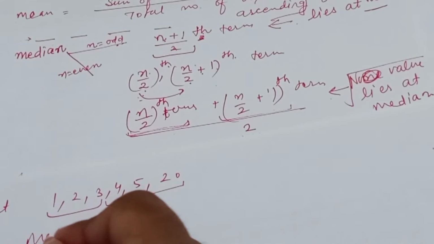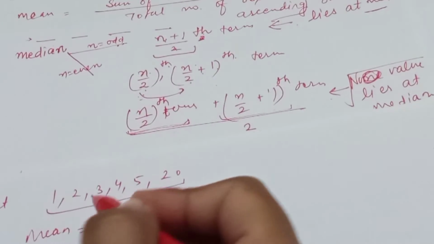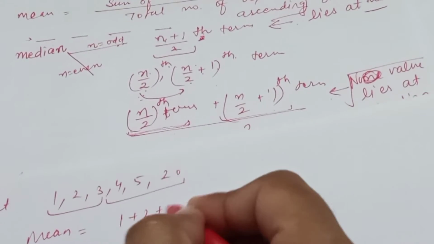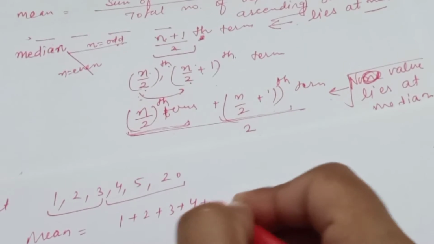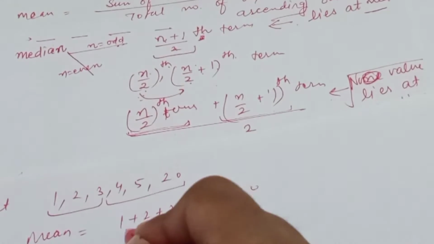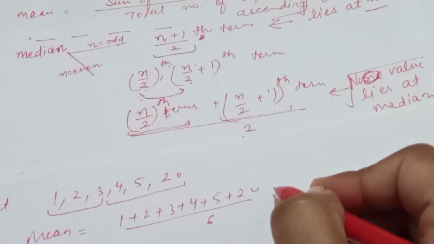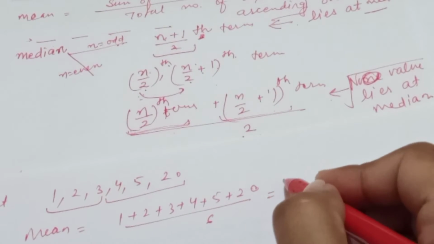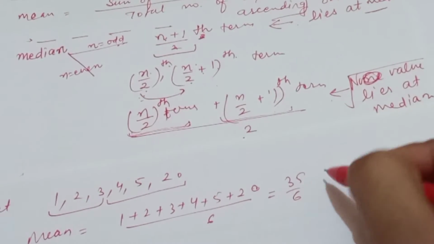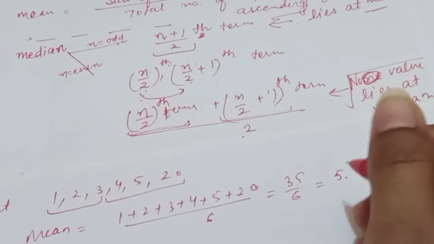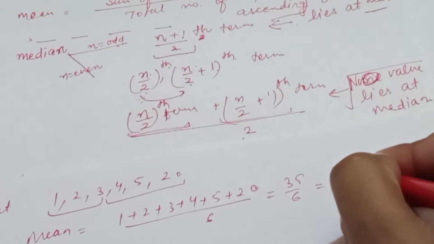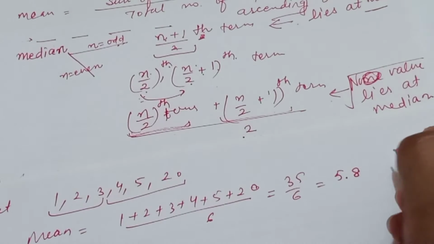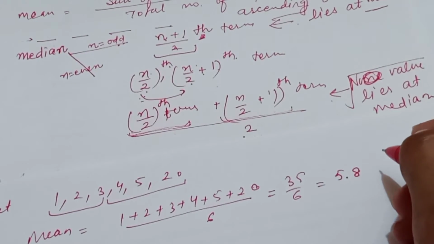Then the mean is equal to 1 plus 2 plus 3 plus 4 plus 5 plus 20 upon 6, which is equal to 35 upon 6, approximately 5.8.